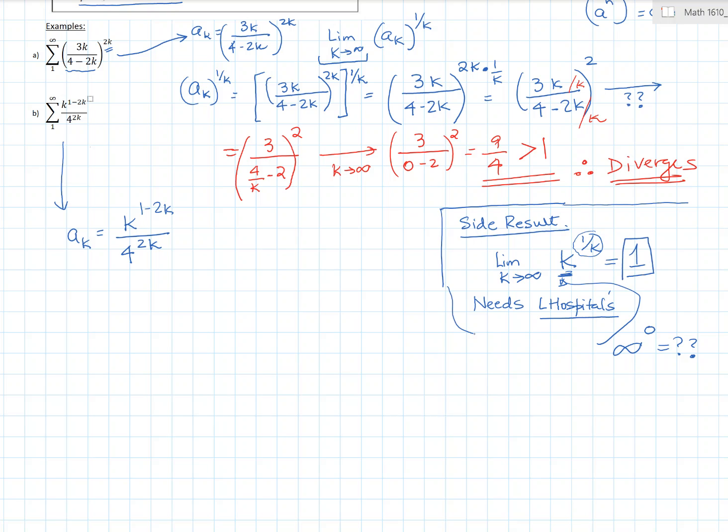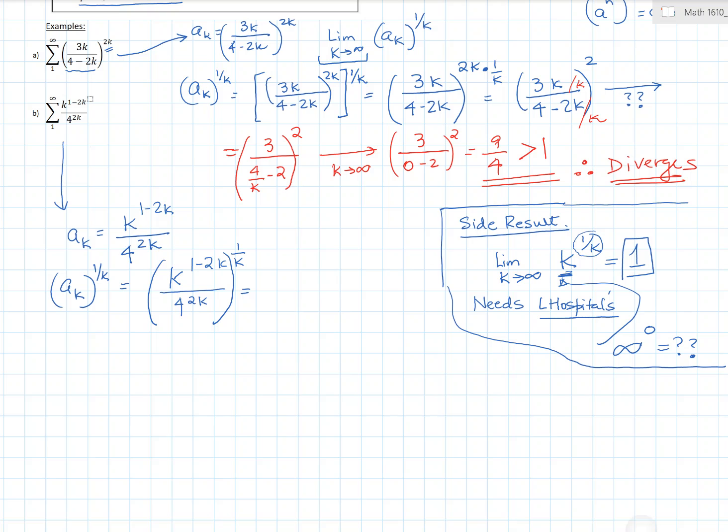Usually we need this kind of result in the root test. Now I need to take ak and raise it to the power 1 over k. So that means I have k raised to 1 minus 2k over 4 raised to the 2k, and this whole thing is raised to the power 1 over k.